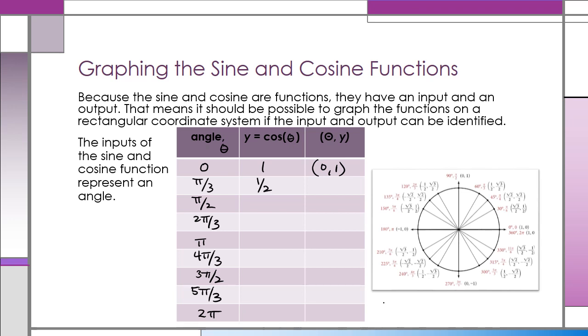That is 1/2. And so pi over 3, 1/2 is another point. Up at pi over 2, which is like 90 degrees, my cosine is 0. For 2 pi over 3, I am at negative 1/2.